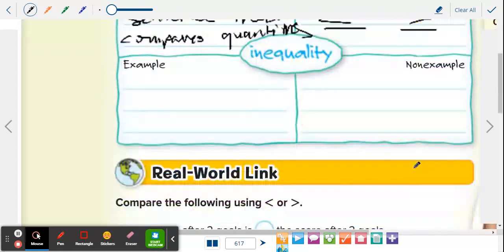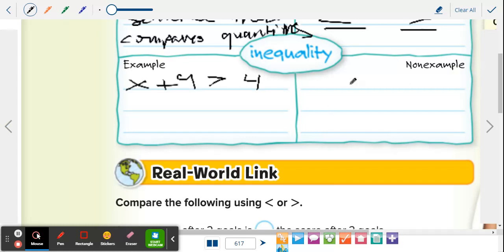An example could be x plus 9 is greater than 4. That's what we're going to be working with today. Those are one-step inequalities. It's kind of like an equation, but we don't have an equal sign anymore.